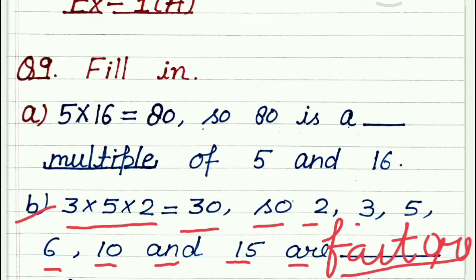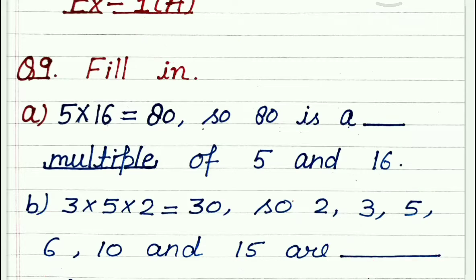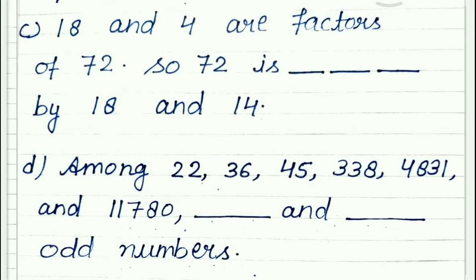Why will it be a factor? Because 30 is divisible by 2, also 3, also 5, 6, 10 and 15. By all these numbers 30 is divisible, so it is a factor of 30. Clear?